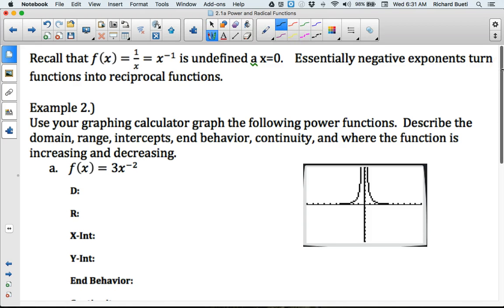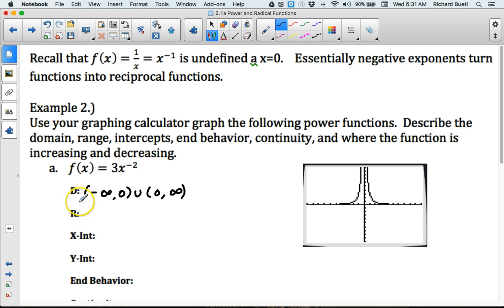But what we can do is analyze the function, and we can see that x cannot equal 0, and that's going to affect my domain, and it's going to affect my continuity, but it's really not going to affect too much else. It's also going to affect my intercepts. So the domain of this function would be from negative infinity to 0, union 0 to infinity.